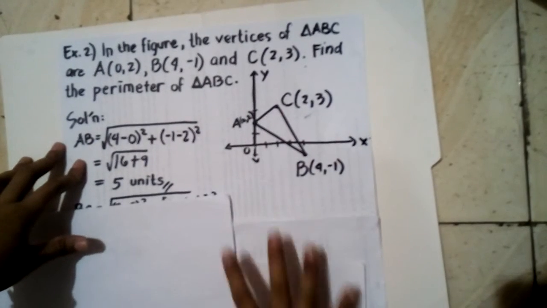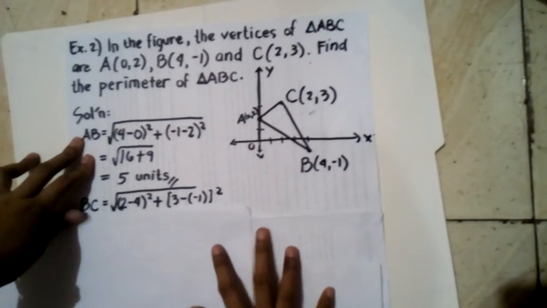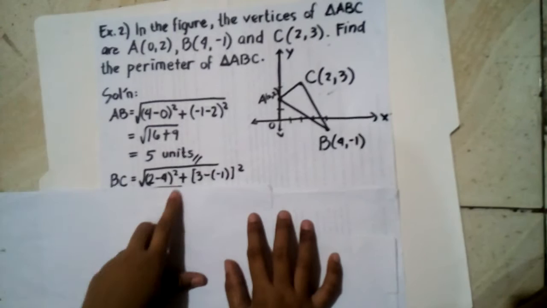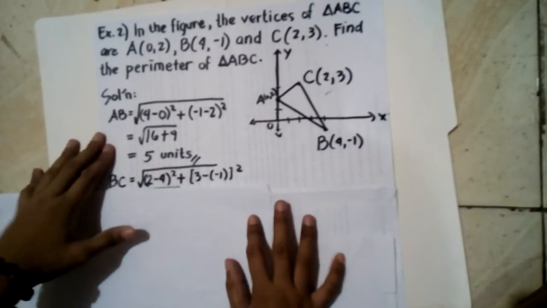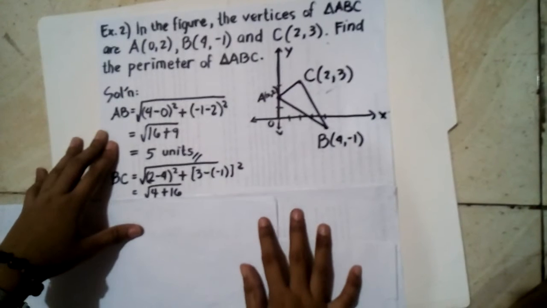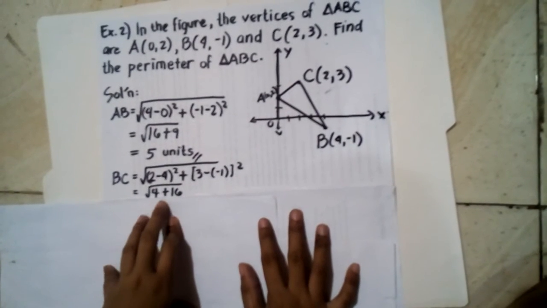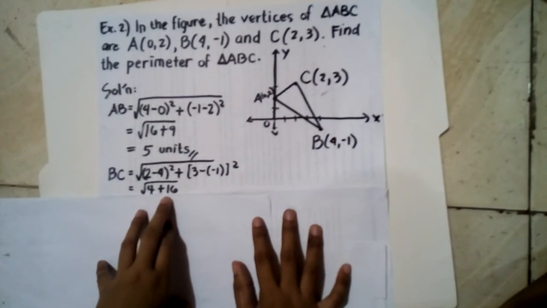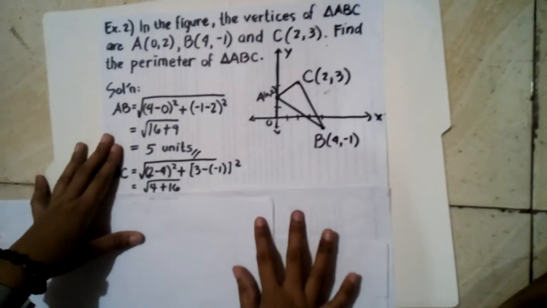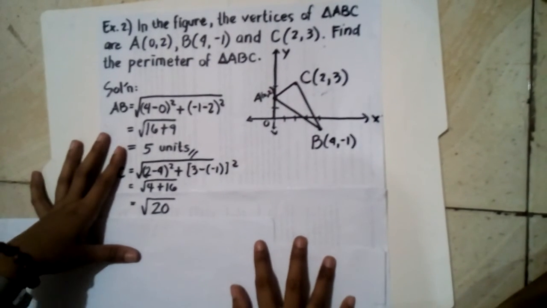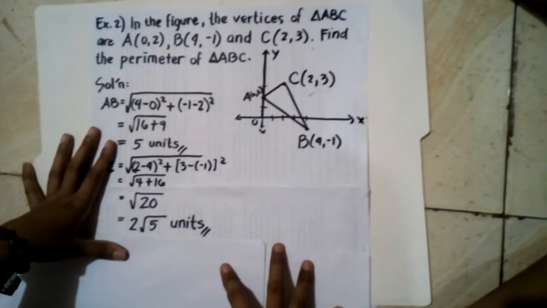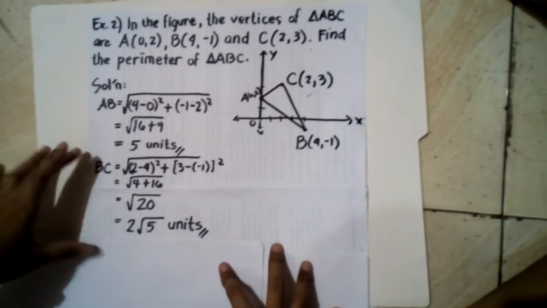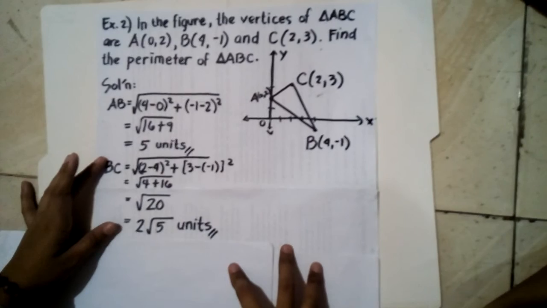By the formula and by substitution, we have the square root of (2 minus 4) squared plus (3 minus -1) squared. So we will have a result of the square root of 4 plus 16, which is equal to the square root of 20. And by simplifying it, we have 2 square root of 5 units. So that is our side BC.